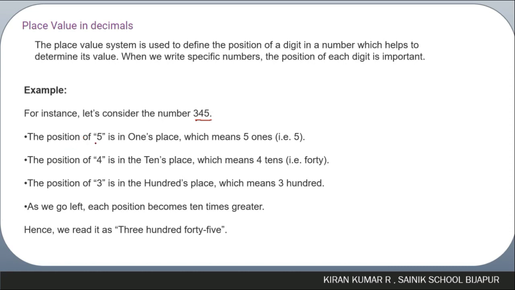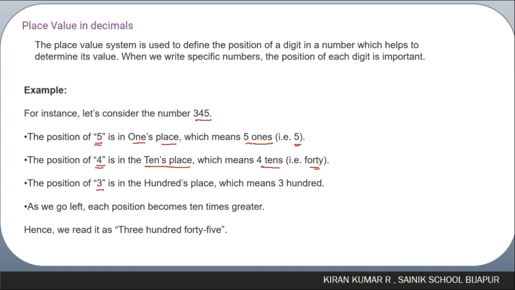The position of 5 is in the ones place, which means 5 ones, that is 5. The position of 4 is in the tens place, which means 4 tens, that is 40.